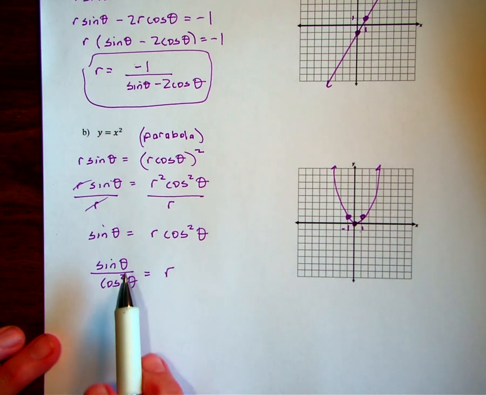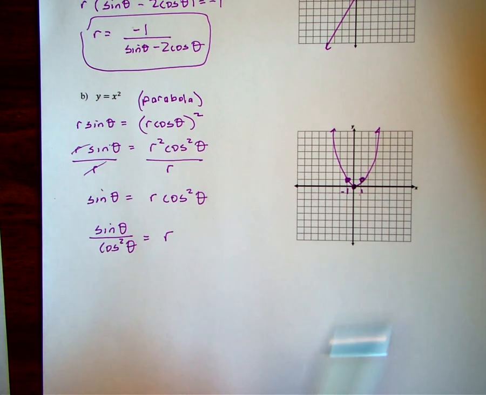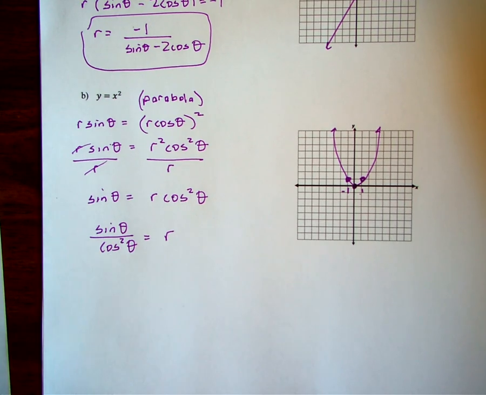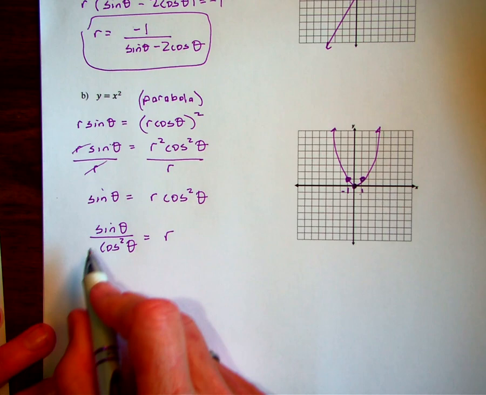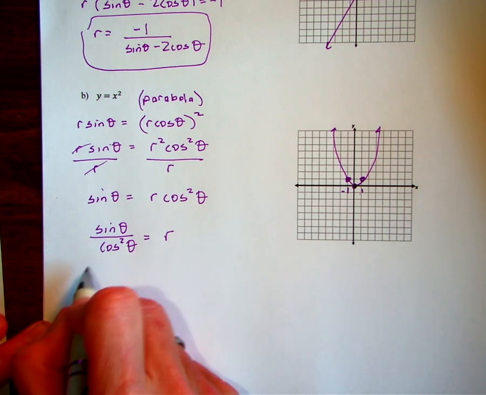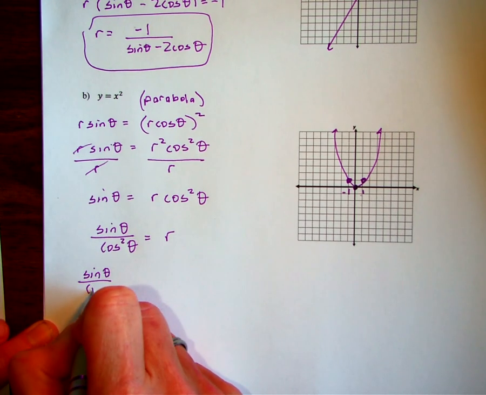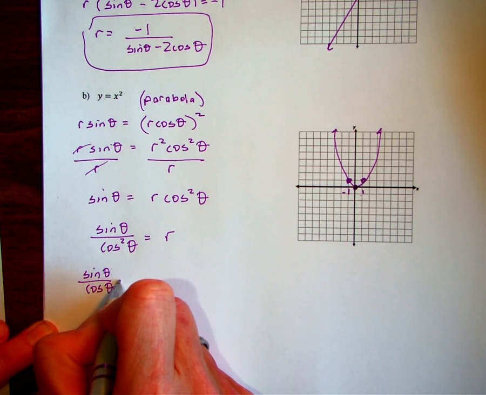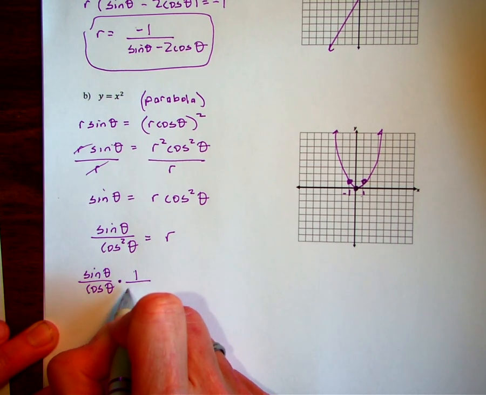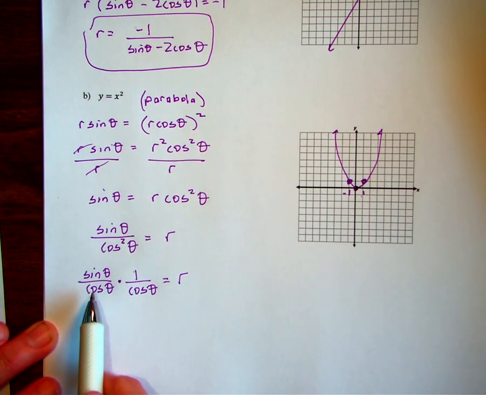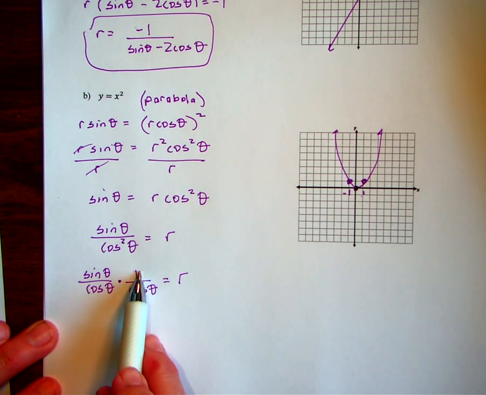Now, here's where you have to be aware there could be more than one form on this thing. Right now it's written as a fraction. We can simplify that further. In other words, if I split this fraction up and say, why don't I do the sine of theta over one of the coses, I'm pulling the fraction apart, times 1 over the cos of theta. Normally we put them together and we'd have cos squared, sine on top.